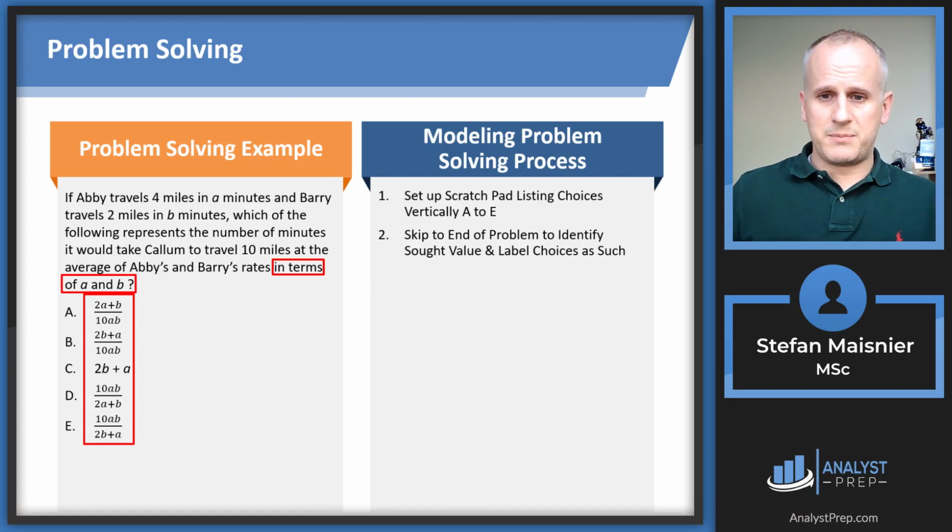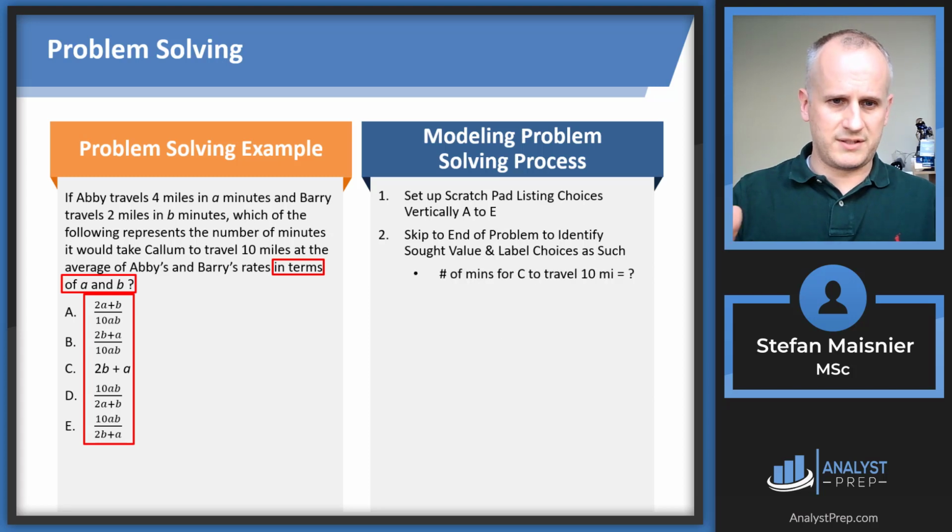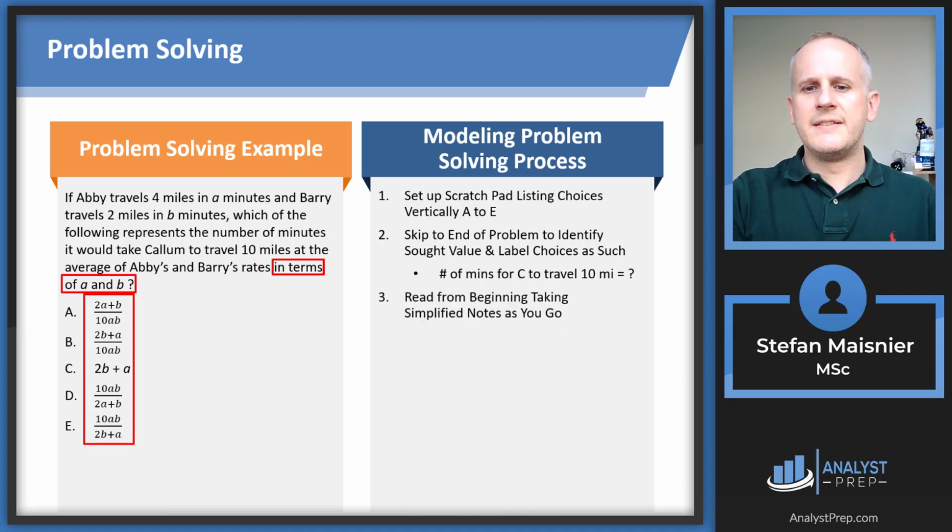So as always, we skip to the end of the problem to identify the sought value and label the choices as such. So we can see if we skip to the end that we're looking for the number of minutes it would take Callum to travel 10 miles at the average of Abby and Barry's rates. So just a number of minutes for C to travel 10 miles, as it were. Then you're going to read from the beginning, taking simplified notes as you go.